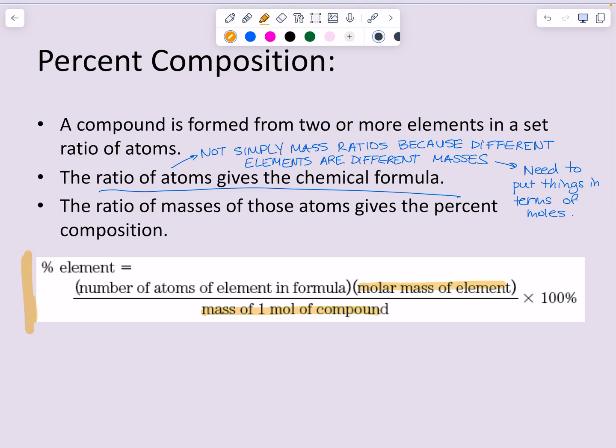You would take the number of the atoms in your chemical formula, multiply it by the molar mass of the element, divide it by the formula mass of the compound, and multiply by 100%. So we did that for acetic acid, and you can do that for any element in any compound you want.